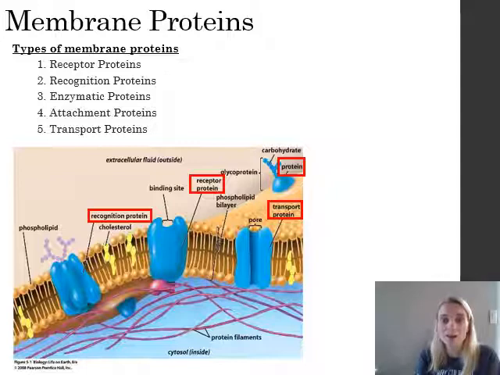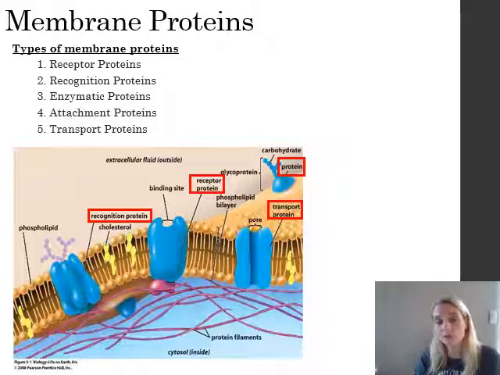And that's where the foundation for transplant rejections takes place, or blood transfusion reactions, or how your immune system works to identify bacteria and viruses that have come into your body, because they have different recognition proteins than what we present on our cell surfaces. Some of the proteins can be enzymes.